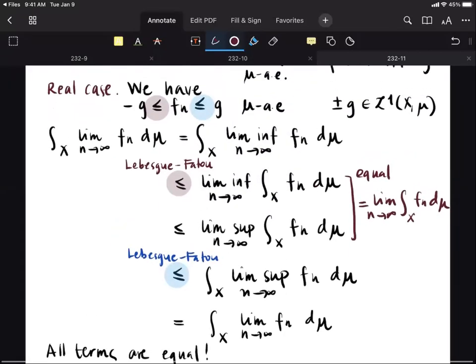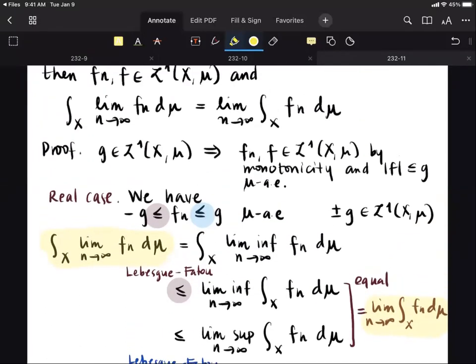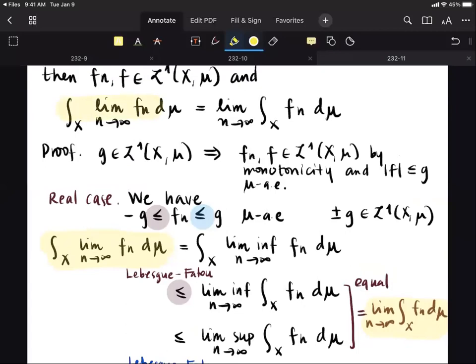So the limit inferior is the same as the limit superior, therefore the limit coincides with the common value. And highlighting, if all of these terms are equal, this is precisely our goal in this theorem.